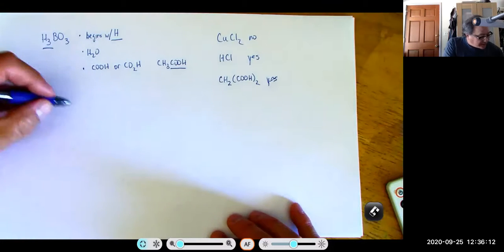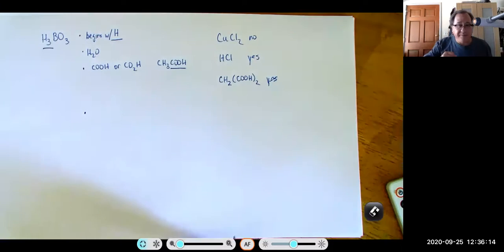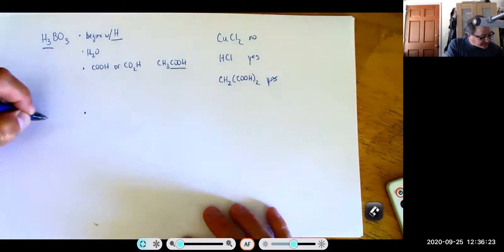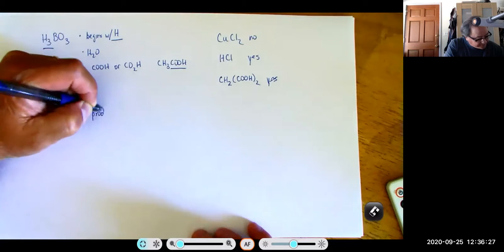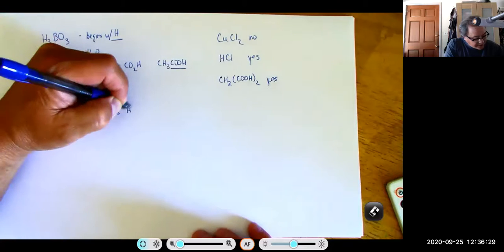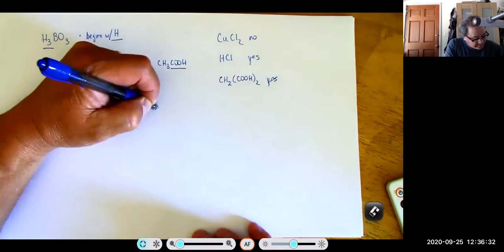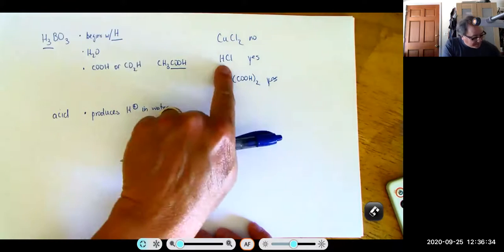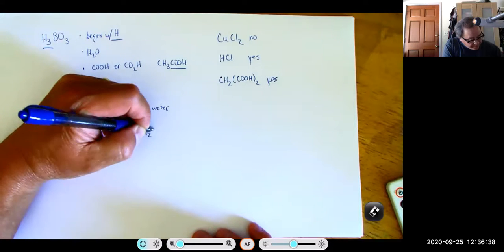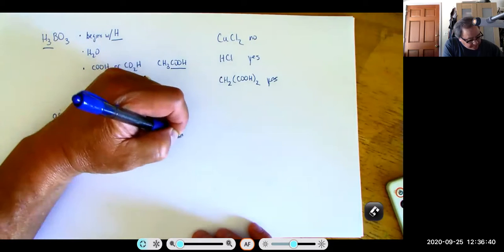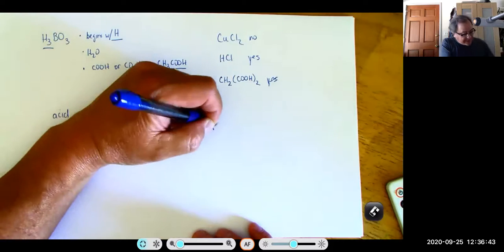Now, for the acids, you also want to know how many reactive protons it has in there. How many of these hydrogens can react like an acid? Because the definition of an acid is that it produces H plus in water. So this guy up here, HCl, when you react it with water, this is what it actually does.